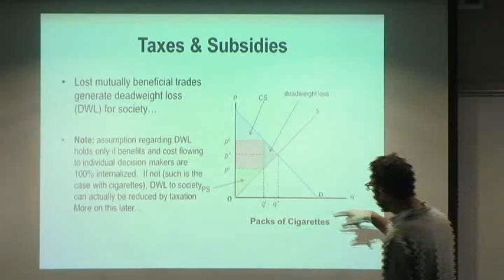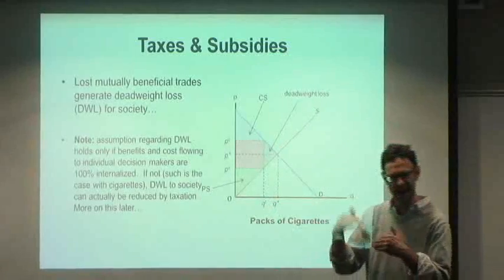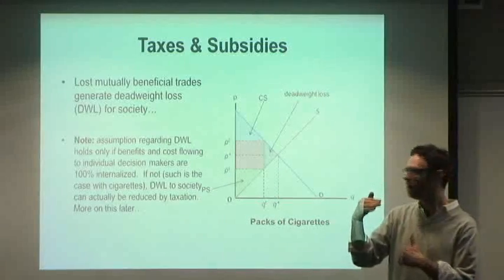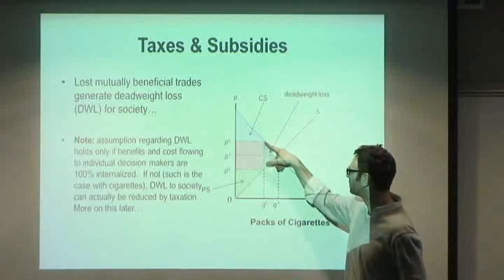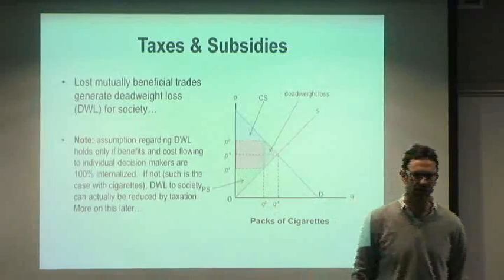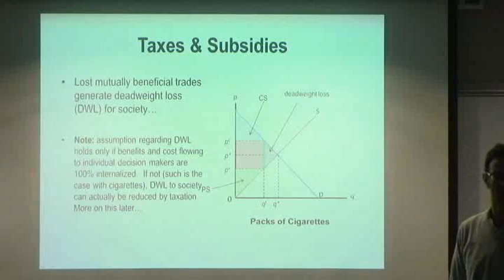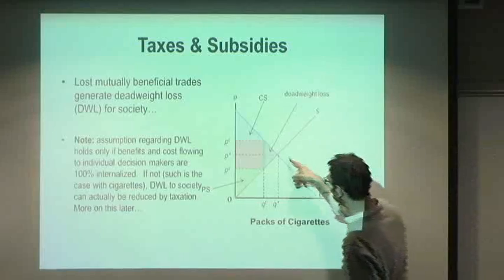Okay? There are gains from trade to be had from these transactions, but because of the tax and the tax wedge, buyers are not going to be willing to pay the price required for these commodities, and sellers are not really willing to accept the prices that buyers are willing to pay for those commodities post-tax. So these transactions will never actually occur.